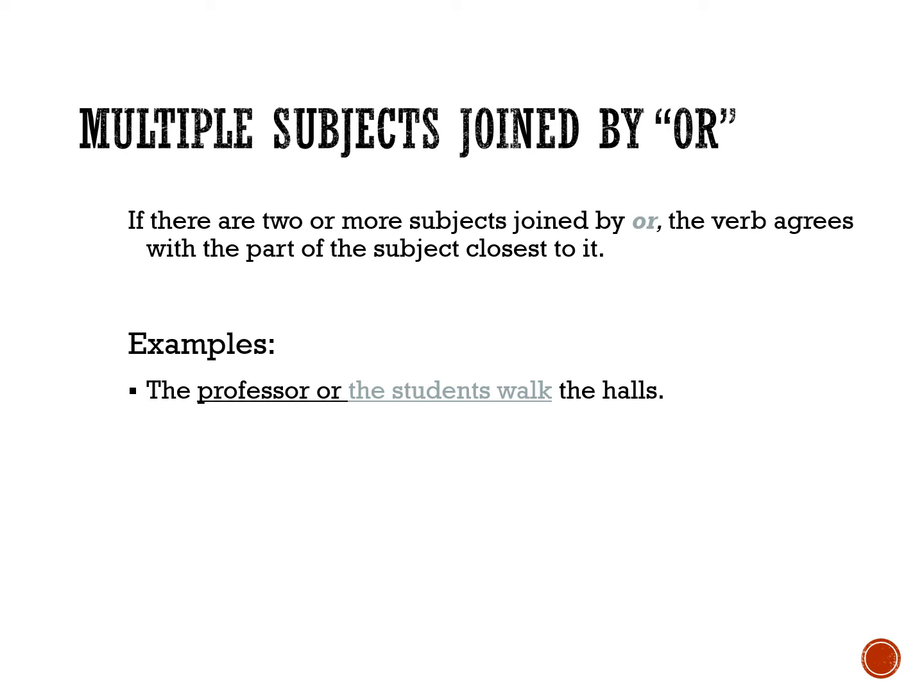Remember, the verb agrees with the part of the subject closest to it. So the closest subject to the verb is the students. The students, with "s", is plural. So you do not need to add "s" to the verb. Walk.